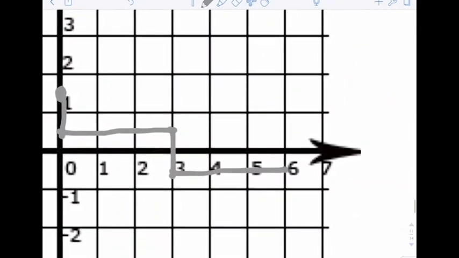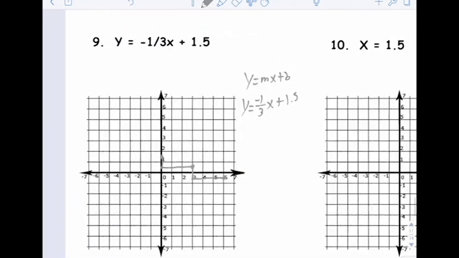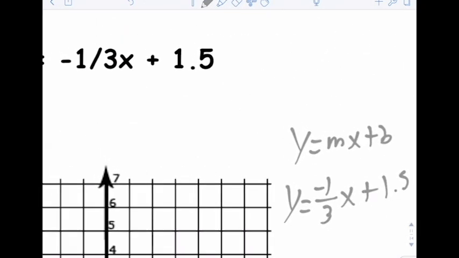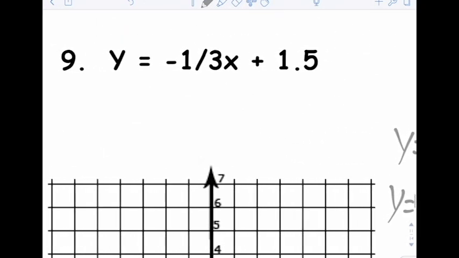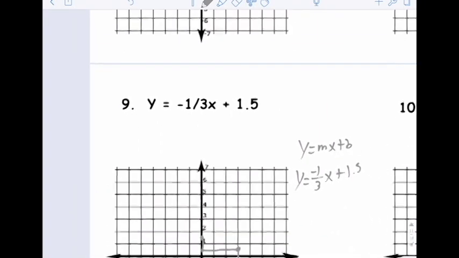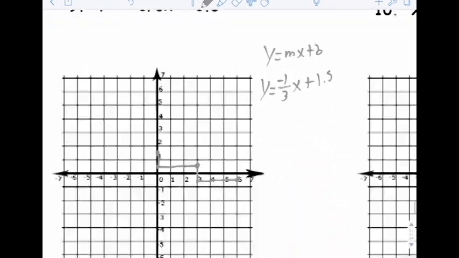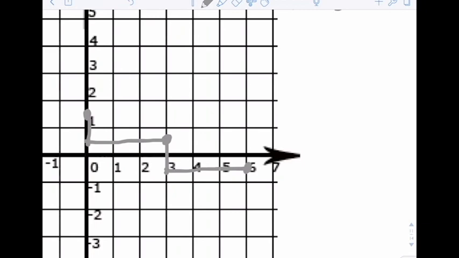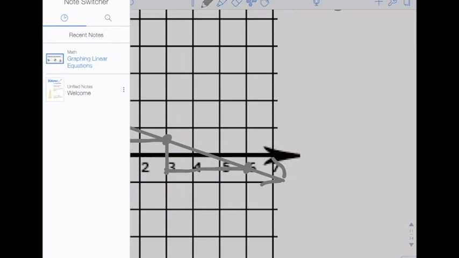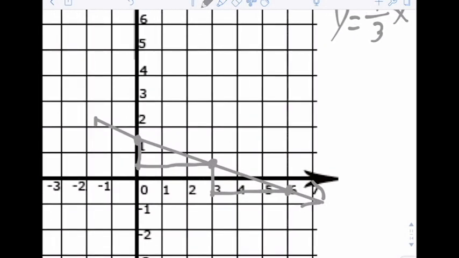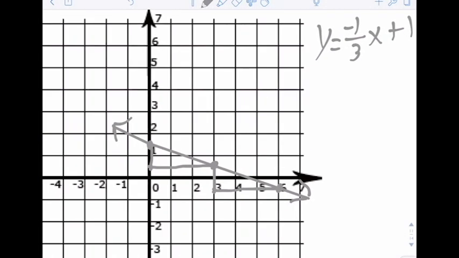Now the reason I put this problem in here is so that you could see that even if you have a number with a decimal, it does not change the outcome. So you would still graph this line and it would look something like that. All right.